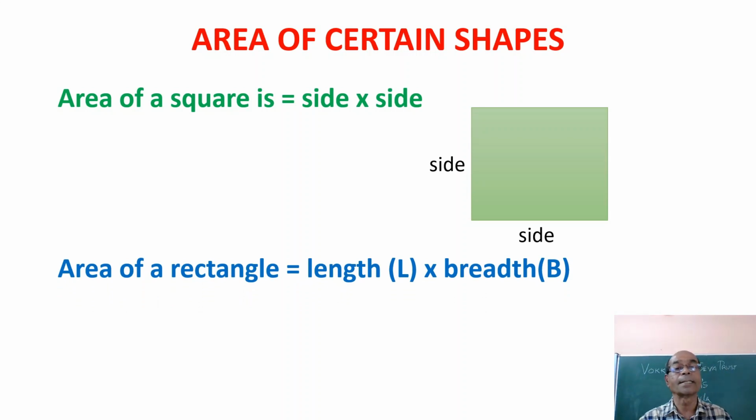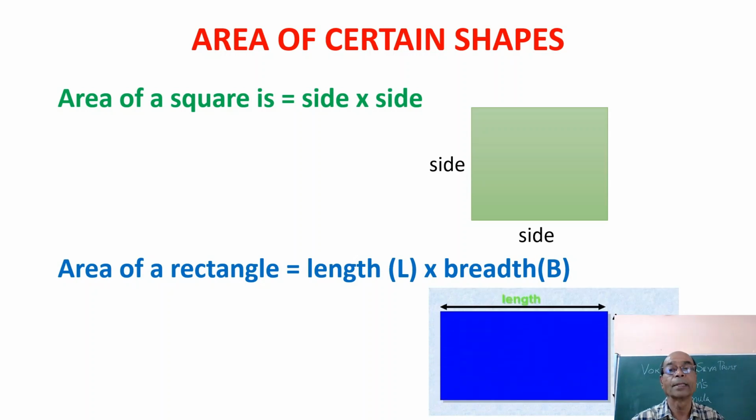So let us take an example of rectangle. In a rectangle, the two opposite sides are equal. One is length, other one is breadth. Both lengths are equal, breadths are equal. So here what we do? We multiply length by breadth, L into B. Okay.